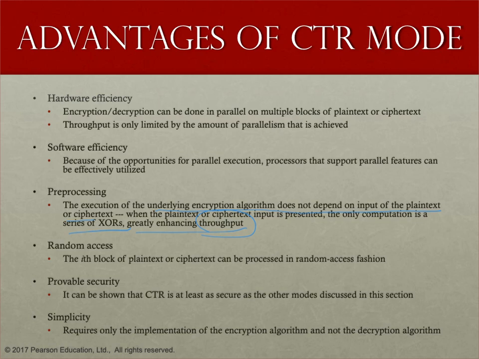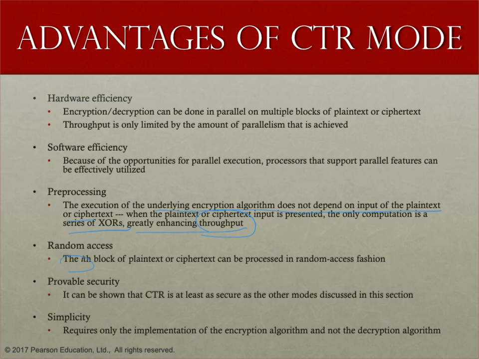Random access here is based on the fact that the i-th block of plain text or ciphertext can be processed in random access. What does that mean? I can choose to reconstruct plain text number 100 without having to wait for anyone. If I want, I can do this.